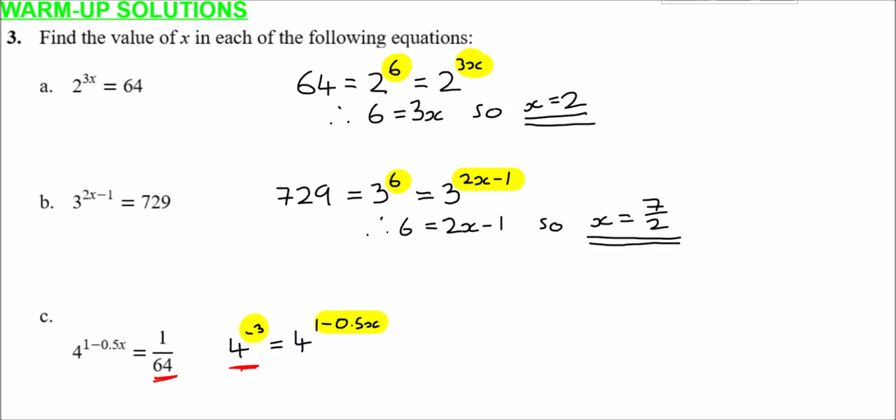So in the same way, we can now say that therefore minus 3 equals 1 minus 0.5x. We can double both sides now. So minus 6 equals 2 minus x. Then rearrange quite easily, add x to both sides and add a 6 to both sides. We get that x must equal 8.